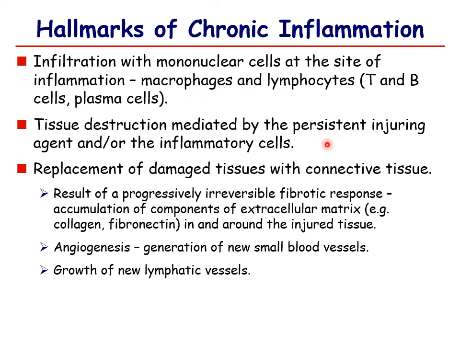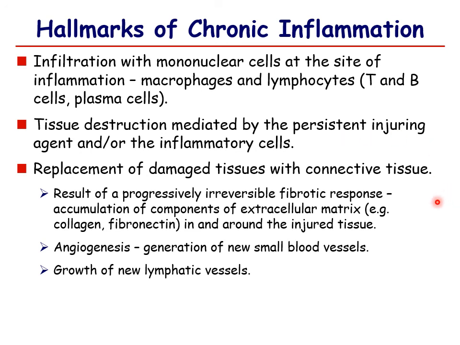Secondly, it is marked by tissue destruction mediated by the injuring or offending agent persistently present in the host, and as a result, inflammatory cells are also persistently present at the site of inflammation.